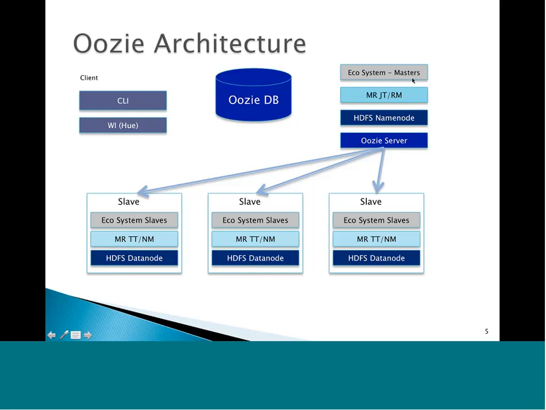If you are talking about Impala, the master is state store D or catalog D, and the slaves are Impala D. And for any other tool, like Spark or Presto or any non-MapReduce tool, you will definitely have a master and slave for that ecosystem tool. So instead of separating it out for each tool, I just categorized all the non-MapReduce tools into ecosystem, and I have depicted them as masters and slaves with same colored boxes.